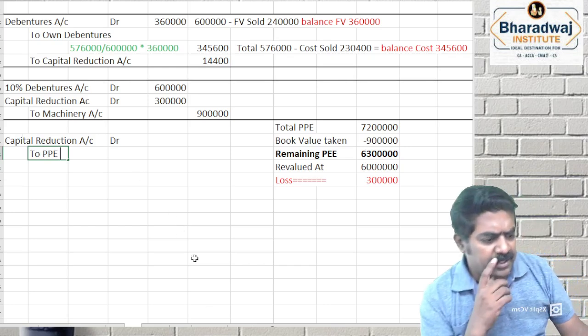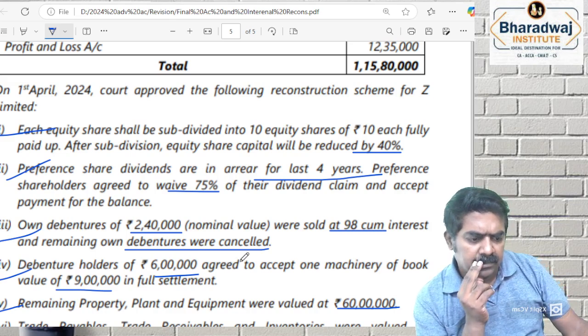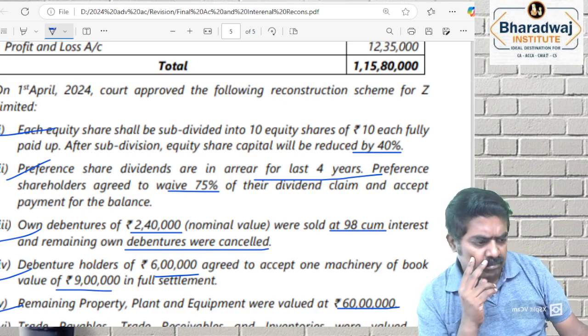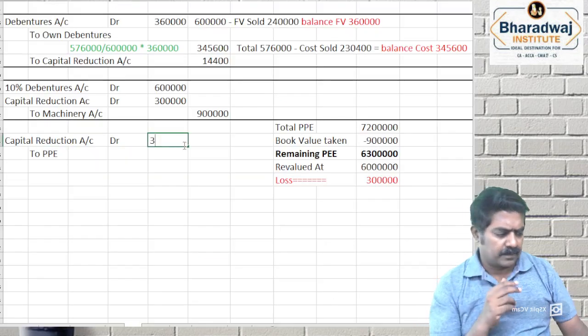It is revalued at how much? 60 lakhs or 72 lakhs? What is the loss?